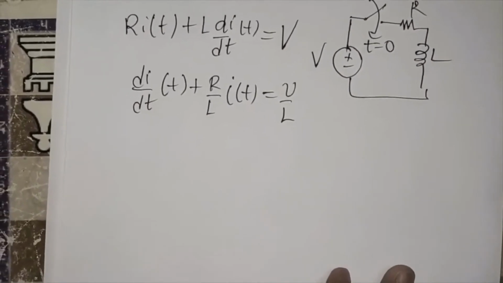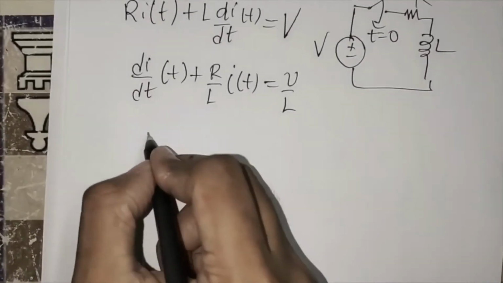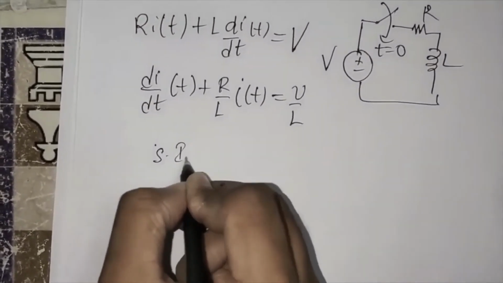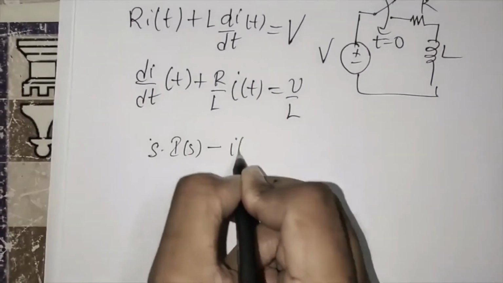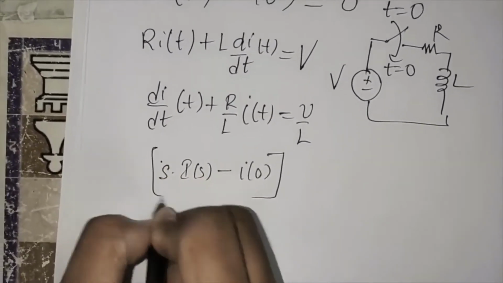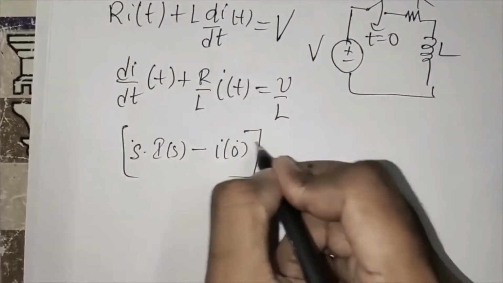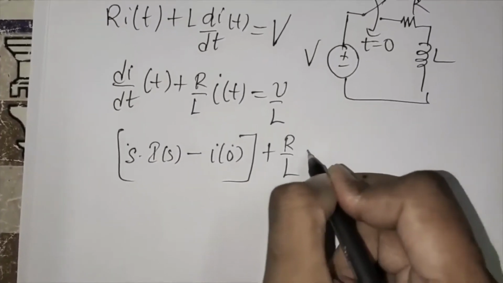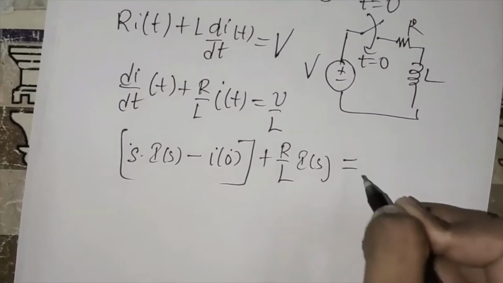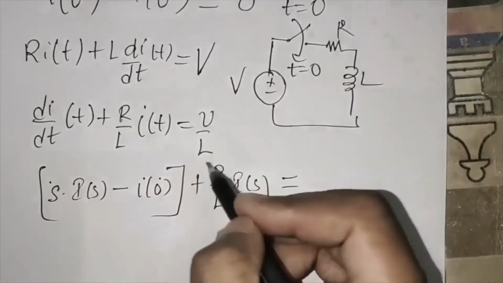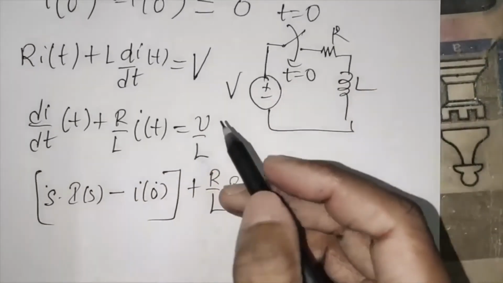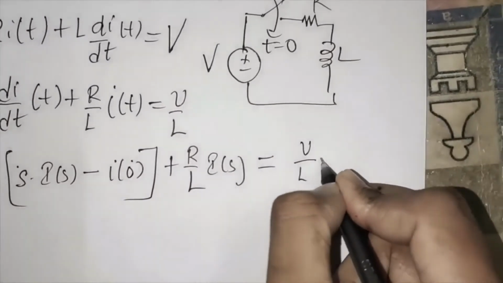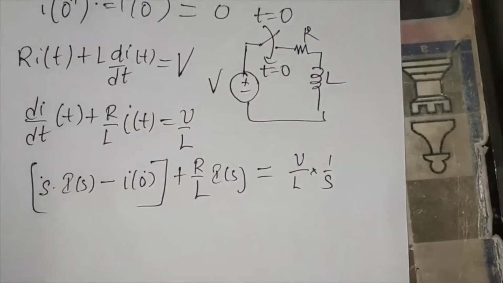So applying Laplace transform on both sides, instead of di/dt I'll get s into I(s) minus I(0), plus R/L into I(s) is equal to, the Laplace transform of a constant A is A by s, so it is V/L into 1/s.